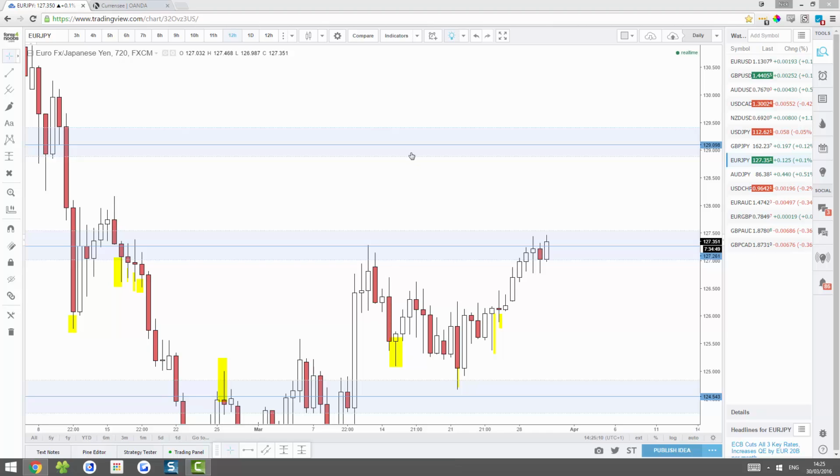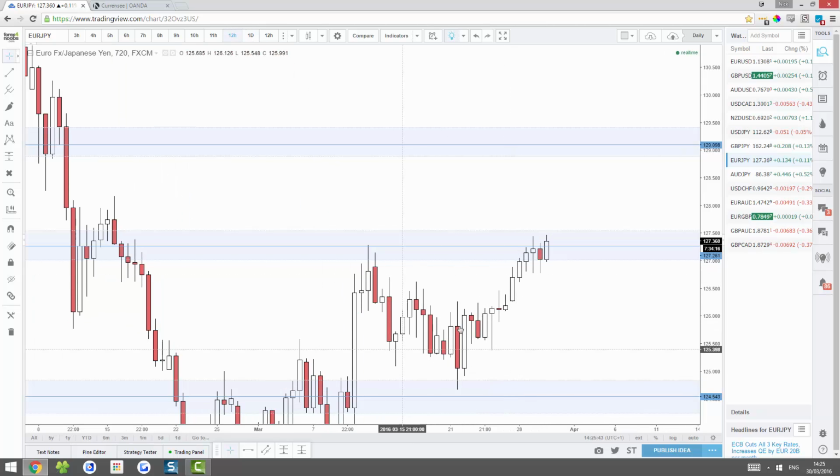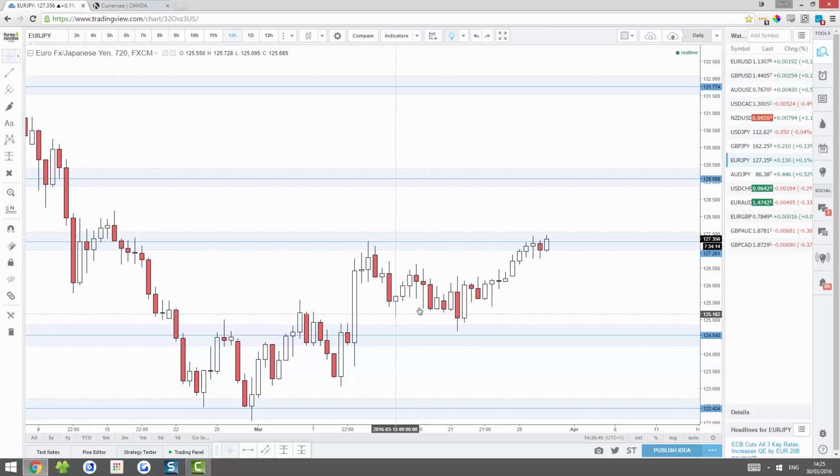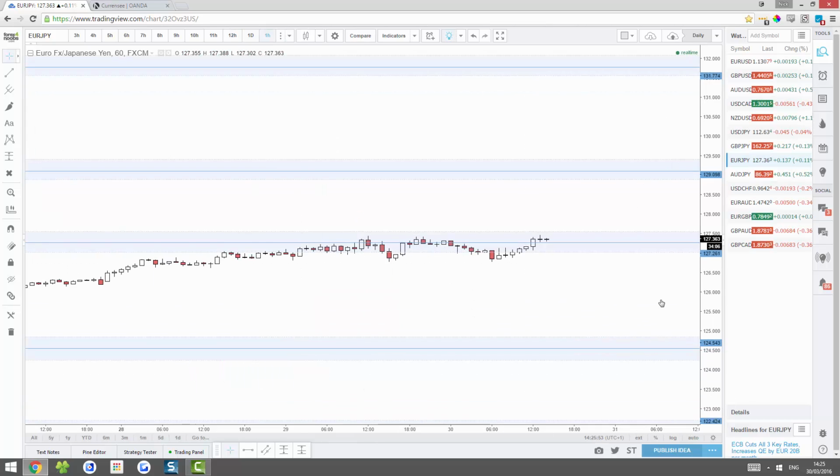Look at that one, crazy, and that one before that. So I don't want to get triggered into a trade by these spikes up and down. So yeah, that's why I was saying 12 hour, daily. Even on the 12 hour, you get spikes down. Like, look at those ones. But it's safer. The lower you drop down, the more of these spikes you're going to get.